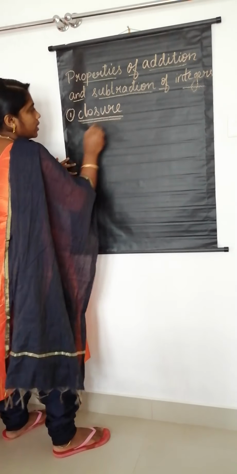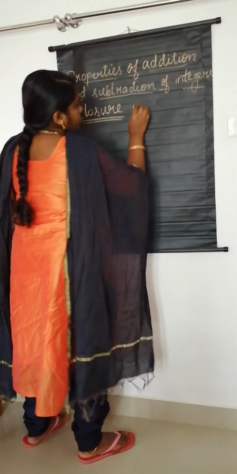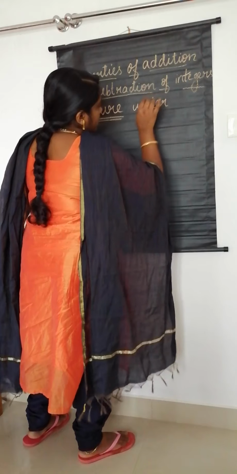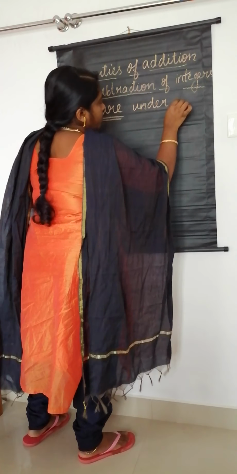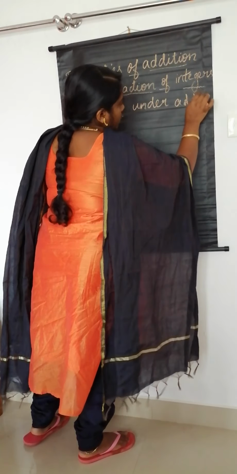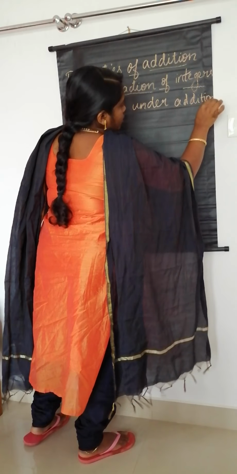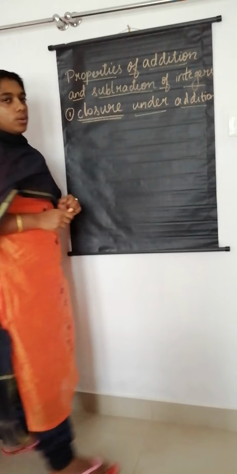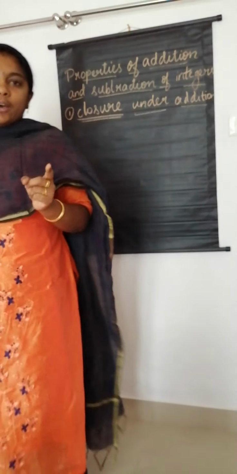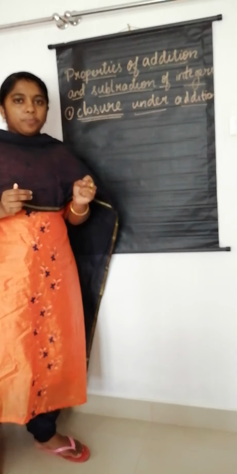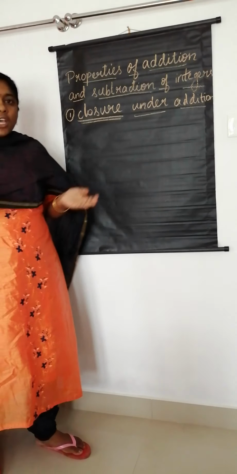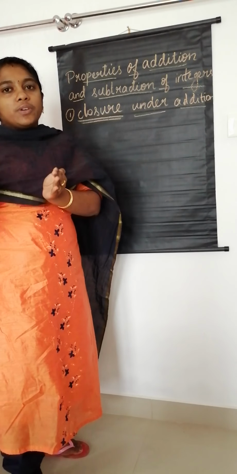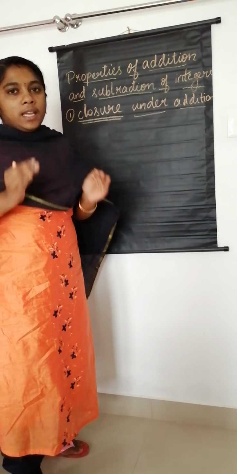The first property is closure under addition. This property says that if you have any two numbers and you add them, the answer you get will also be an integer.